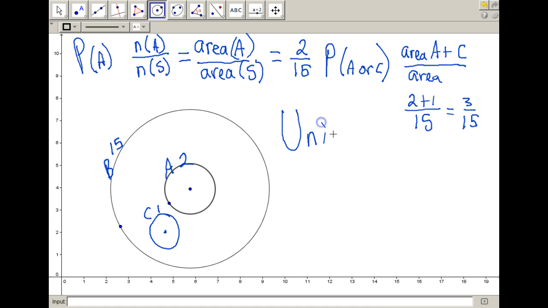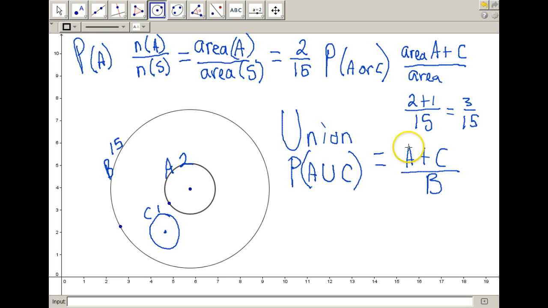It says, what is the probability of A union C? And you might remember, as opposed to an intersection, which is just where they overlap, a union is where we add together whatever we have in A and whatever we have in C and divide by this space, B. In this case it's areas, but in regular set theory, we could just have the number of elements here and the number of elements there.